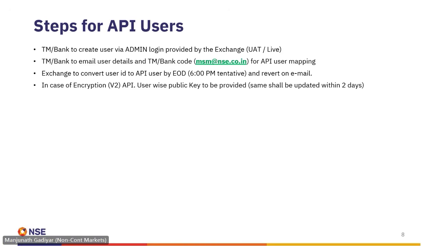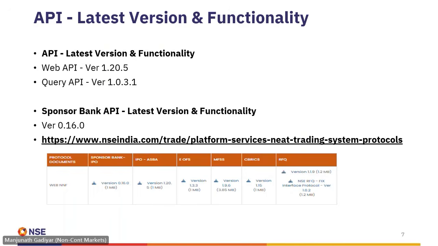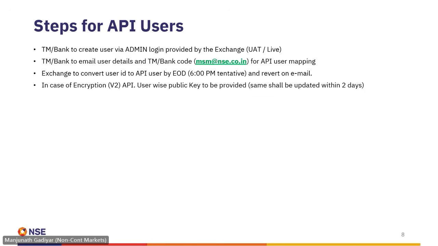Great. Now we know that many members have already integrated eIPO API in their system, but in case a member is yet to do that, can you help with the initial steps involved to get their APIs integrated? Yes. These are a few of the steps if any new API user is coming and wants API functionality. First of all, at the time of onboarding itself, we provide the login admin credentials.